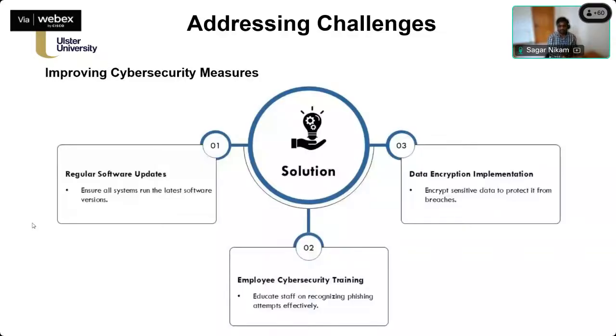Even in our organizations, if we get an email with any kind of attachment, don't open it, because that attachment may be a cyber threat to the organization's internet system. That is where control measures should be taken. Then data encryption. When we talk about data, it should be encrypted and stored with protective measures, so even if someone gets it or breaches it, they can't decrypt the data.